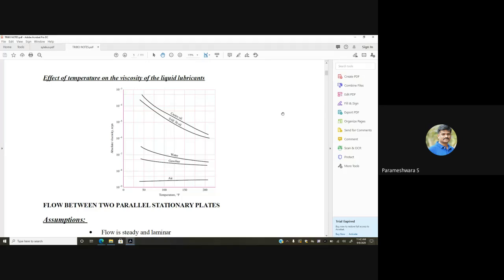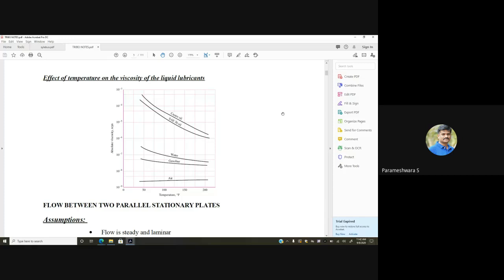So those polar countries have a different specification. In our country, which is nearby the equator region, we follow grades SAE 30, 20. Polar countries follow SAE 10W, 20W, 30W. The W refers to winter.